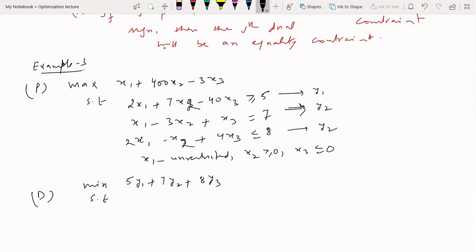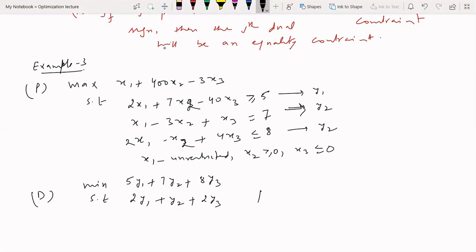Then subject to constraints: I have to multiply column-wise, because I'm taking A transpose times y. So the first is 2y1 plus y2 plus 2y3, and the right hand side will be 1. I will write the sign later on.